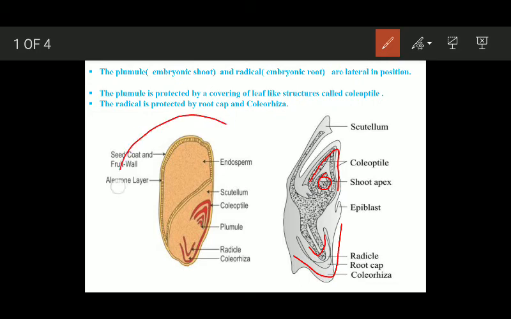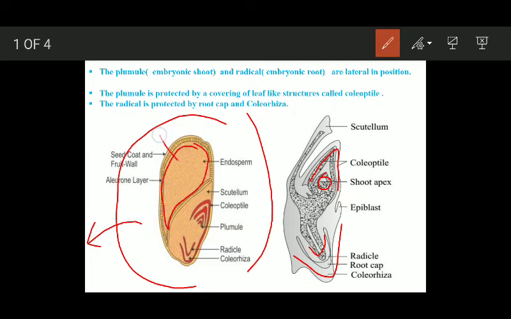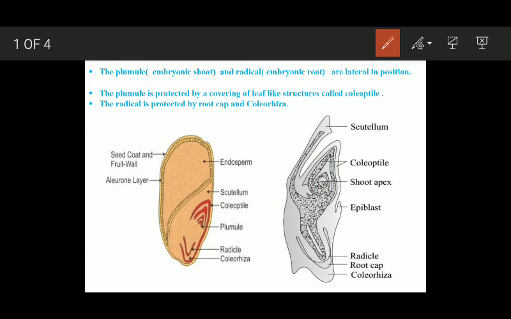So here you can see the seed of a monocot plant, for example maize. This region of the seed is constituted of the endosperm, which is the food material for the developing embryo, and this is the embryo. If you look clearly, it has a single large cotyledon named the scutellum.